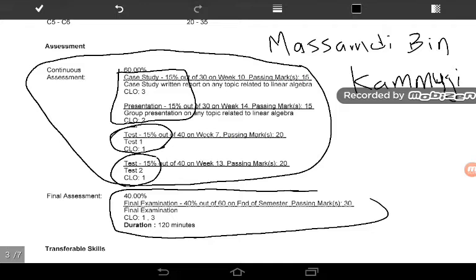For this first week, we will learn about matrices.